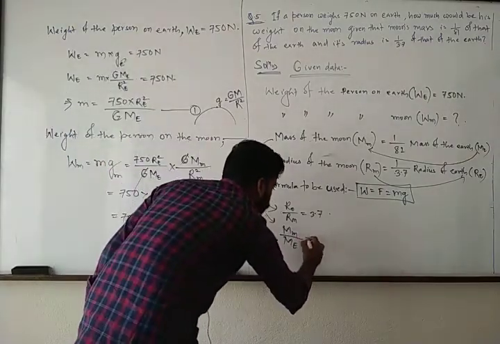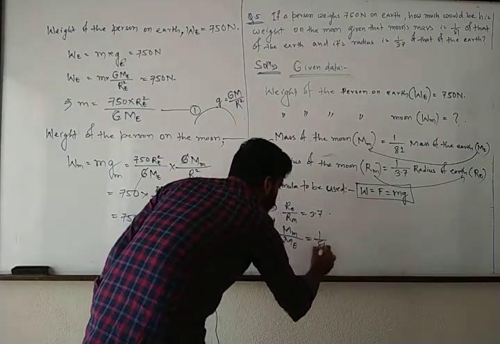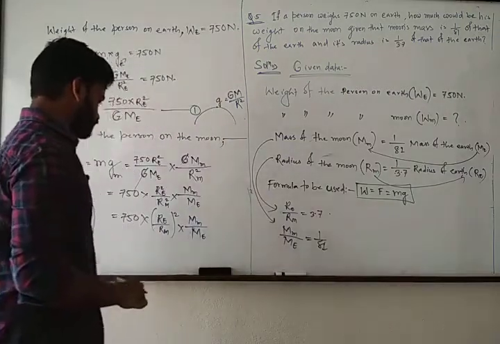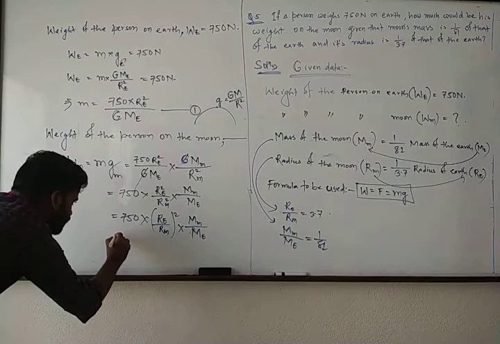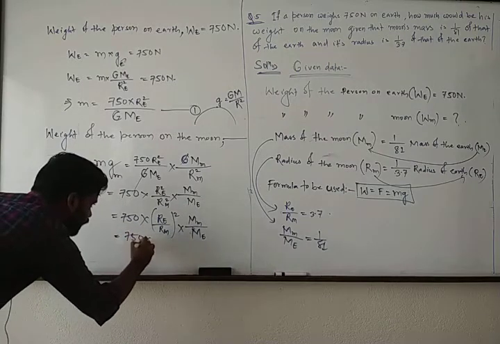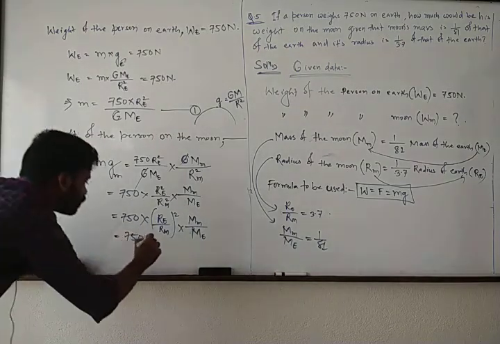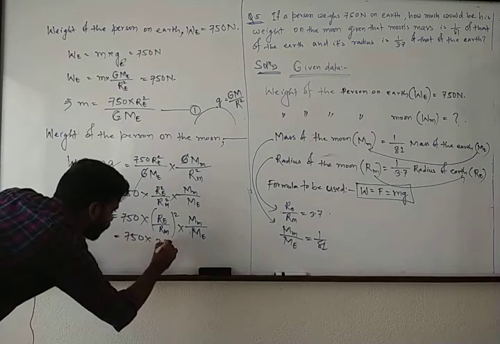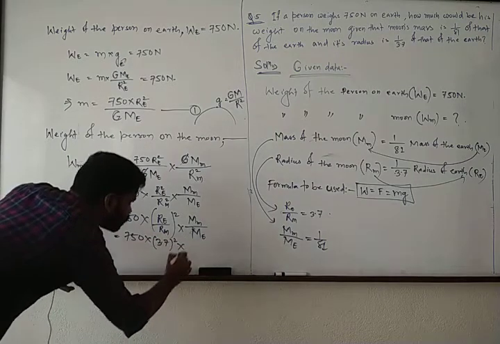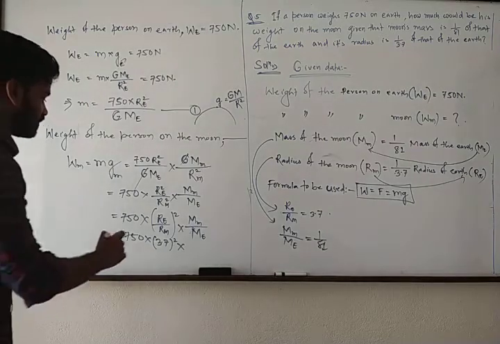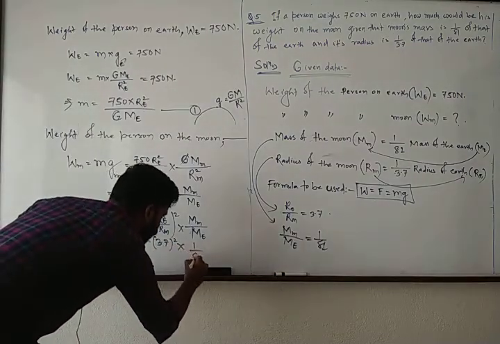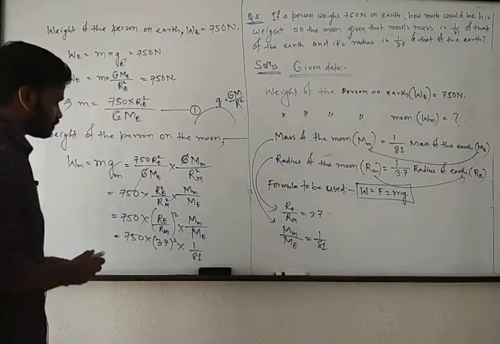It is equal to 1 upon 81. So let us substitute the value. It is equal to 750 into 3.7 squared into mass of the moon upon mass of the earth, which is 1 upon 81.